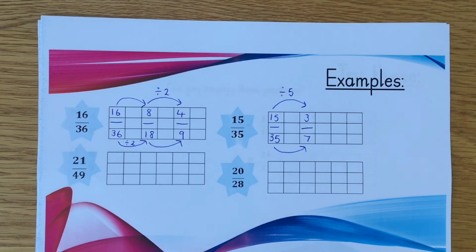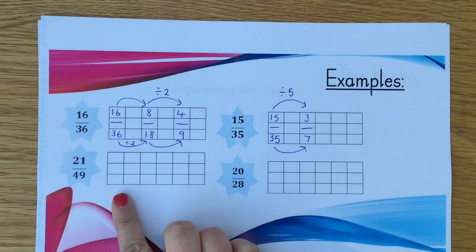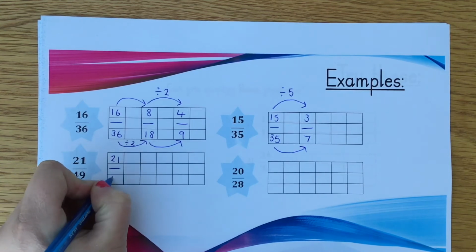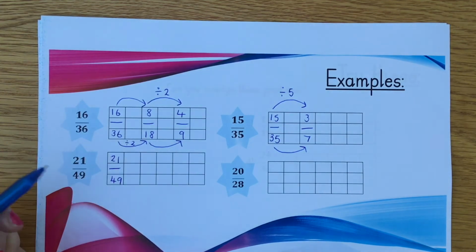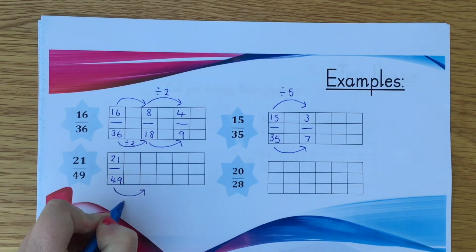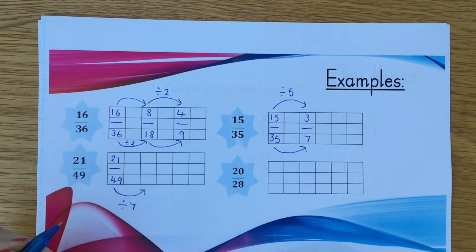And this is going to be the most simple form, because there isn't a number that goes into both 3 and 7. Okay, moving on then, 21/49. Okay, thinking about a number that goes into both of those. Well, I know that 7 goes into both of those numbers, so my divisor here is going to be 7.